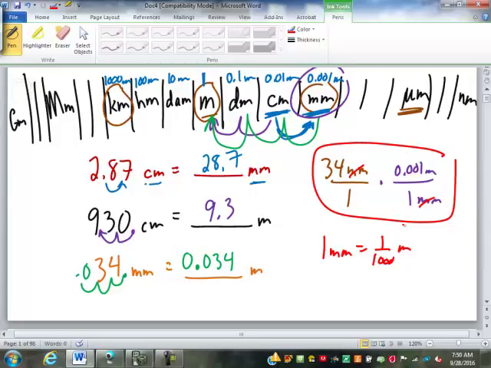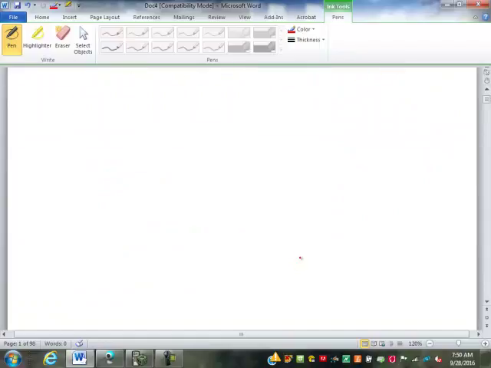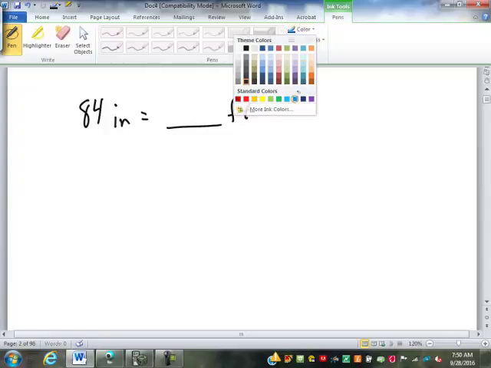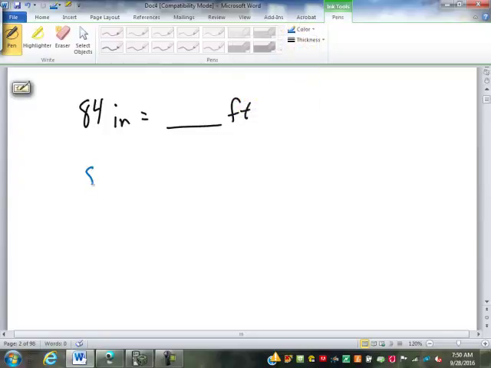In our standard units, we have to do some sort of conversion factor. If we have 84 inches, how many feet is that going to be? We're going to set it up. Most of us know to get from inches to feet, just divide by 12.